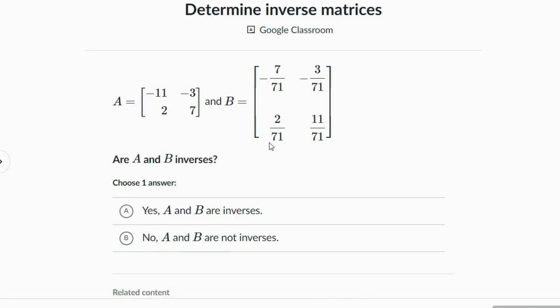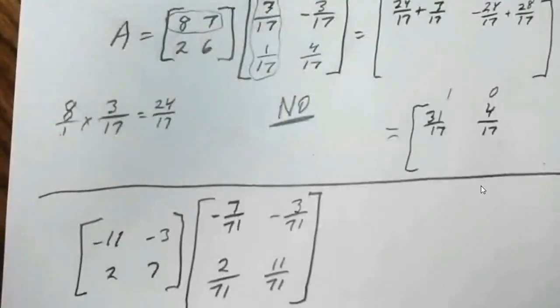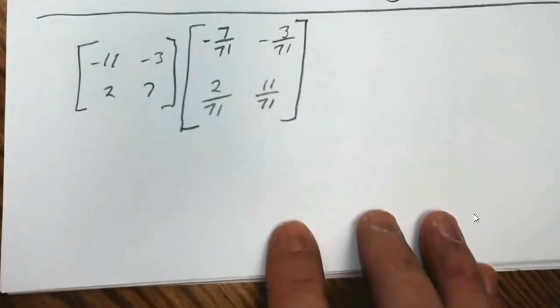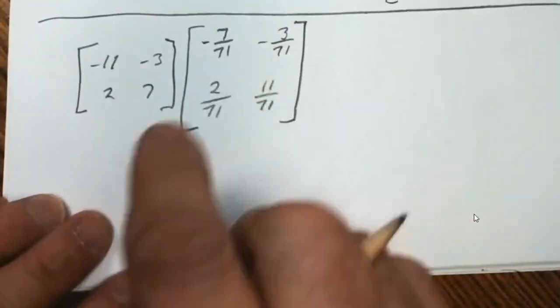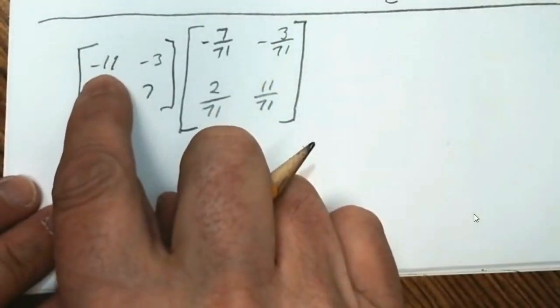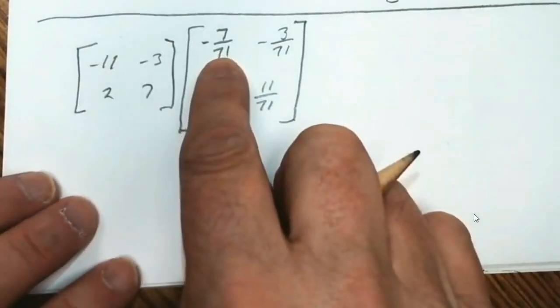All right, so we're dealing with really weird fractions. You've probably never dealt with a fraction that had 71 as a denominator before, but it's not any harder than any other fraction. We're going to take negative 11 times negative 7/71.